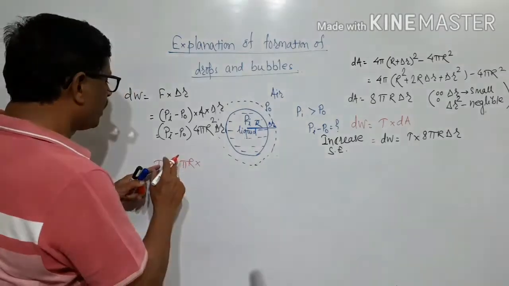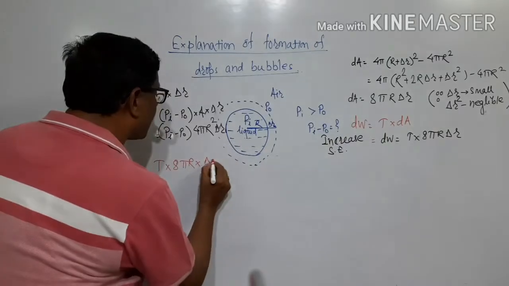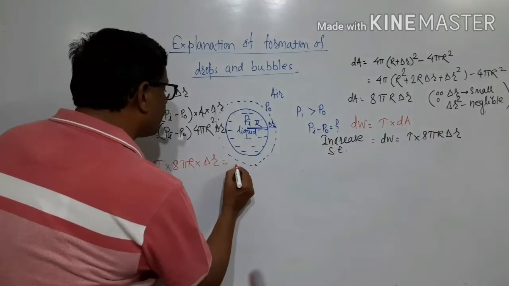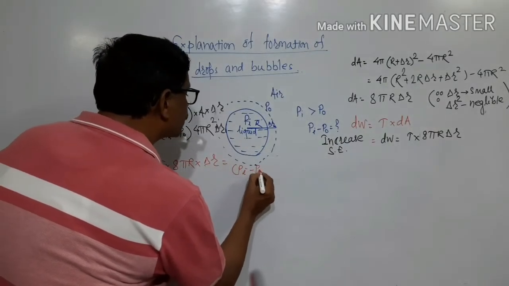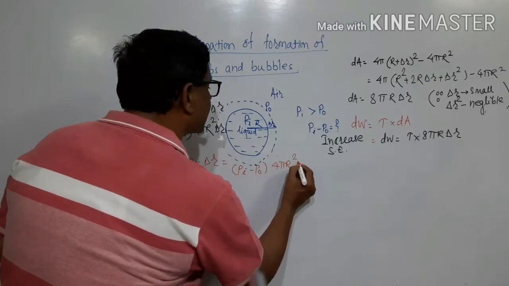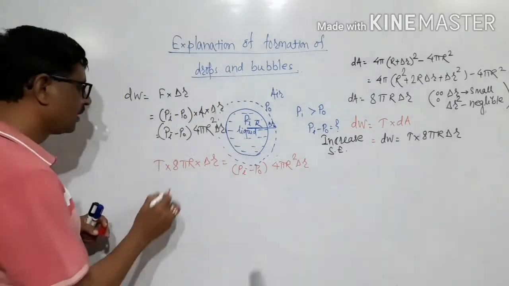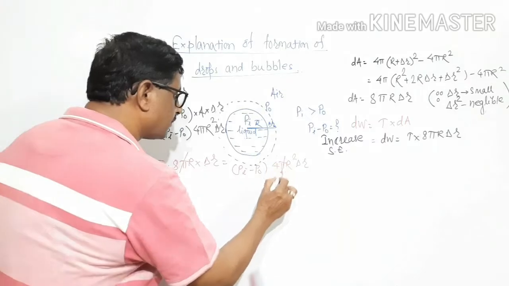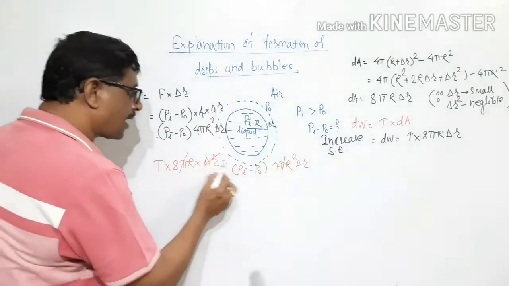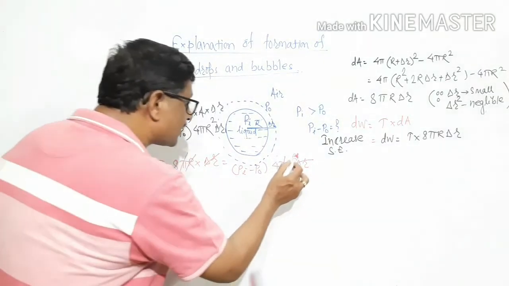T into 2 into 8 pi capital R into delta R is equal to Pi minus Po into 4 pi capital R square into delta R. Pi gets cancelled. Delta R gets cancelled. Here R gets cancelled with the square.